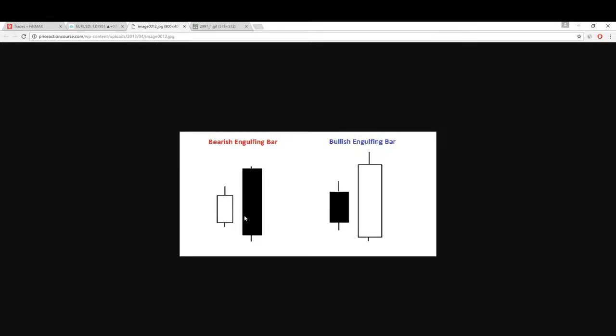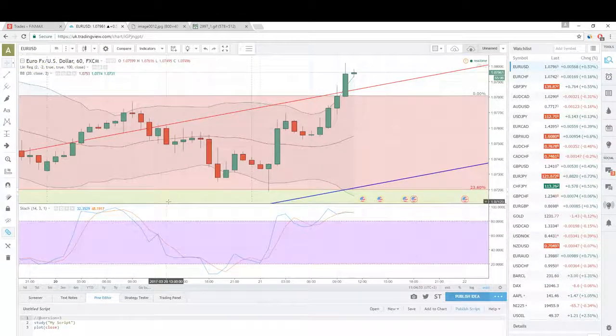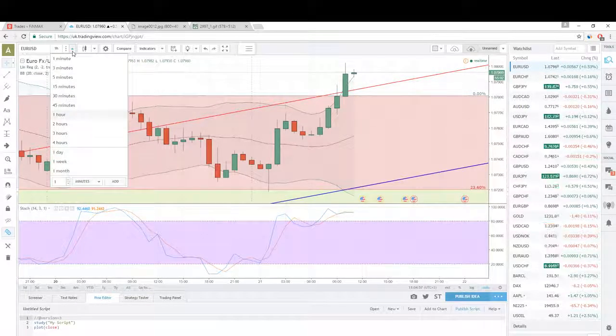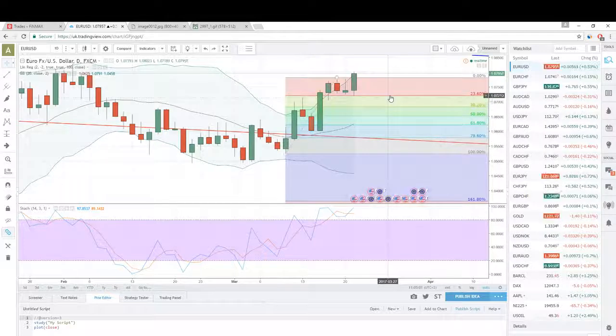Of course, if it's confirmed by some indicators, let's say stochastic, and you see that the market is in the overbought position, you can open the trade for low, and you can expect the further low trend, the beginning of the bearish trend.